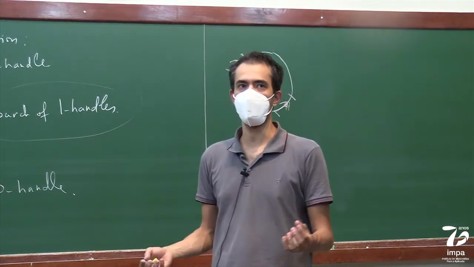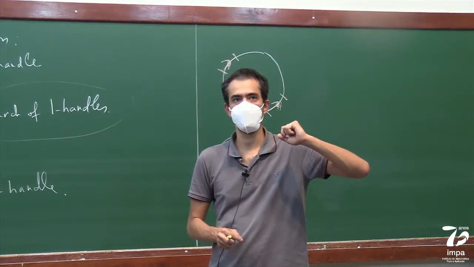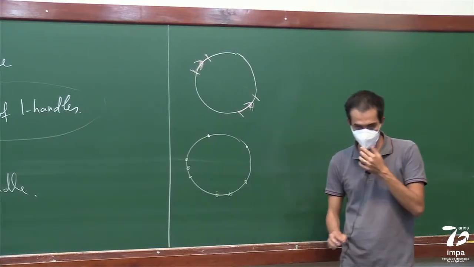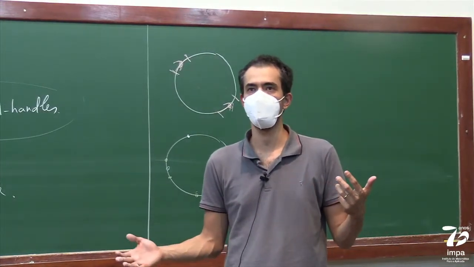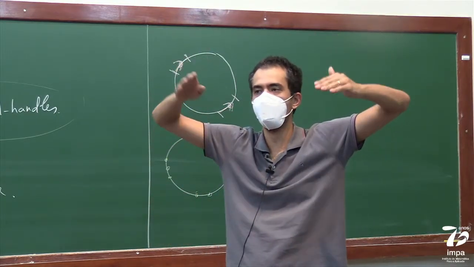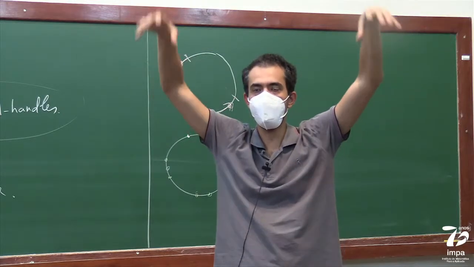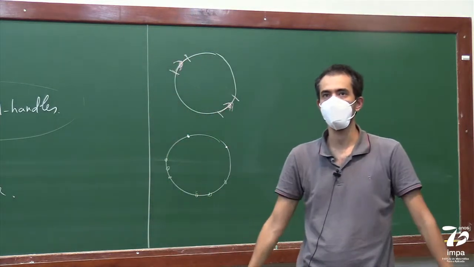So you don't have to worry about attaching a 1 handle to a 1 handle. I explained this in 2 different ways: with the handle slide argument, but also with the argument of moving critical points up and down. You can make them all have the same critical value if you want, which means they can't attach to each other. They will attach to the 0 handle all at the same time.